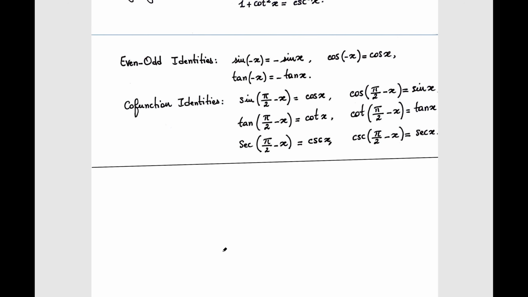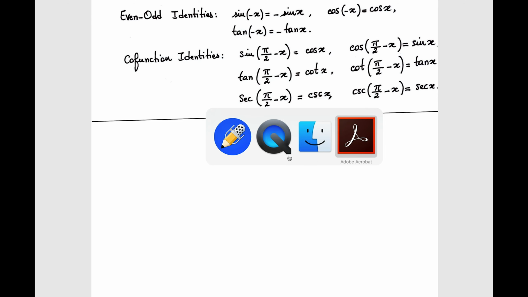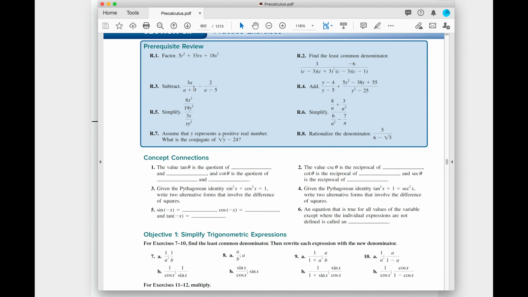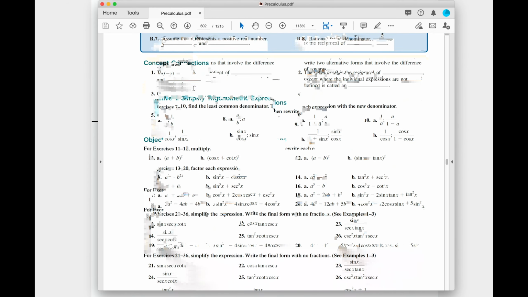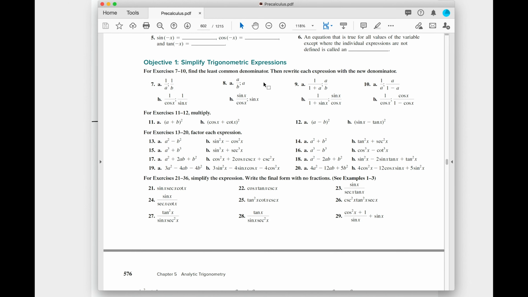All right, so let's start by doing a few examples in this section. Let's go to the book. I'm on page 575 in the textbook, 602 in the PDF. Let's go to objective 1, and how about we do number 10. What's the question here?